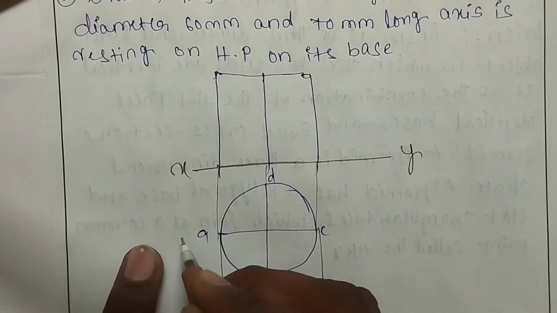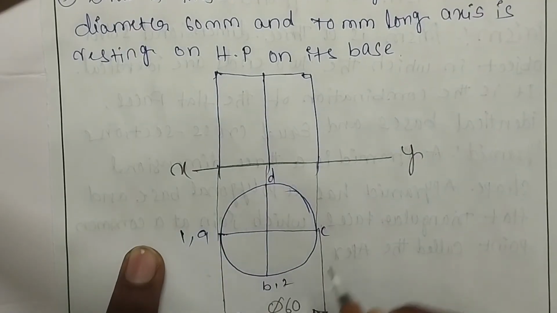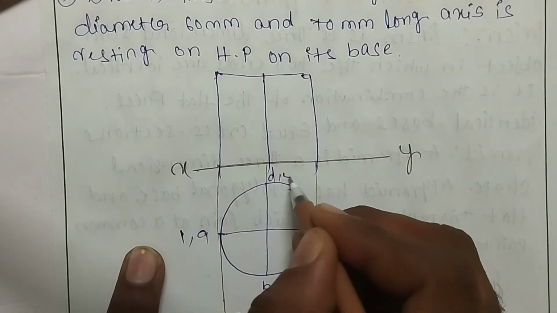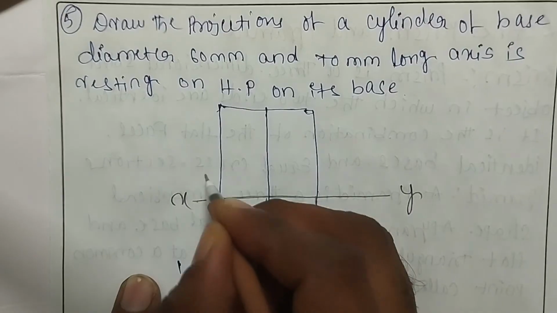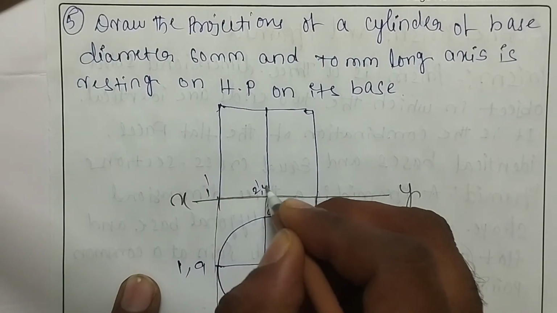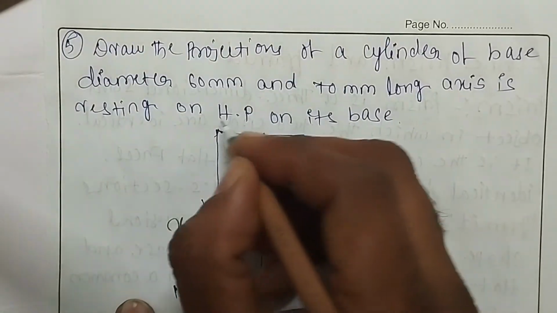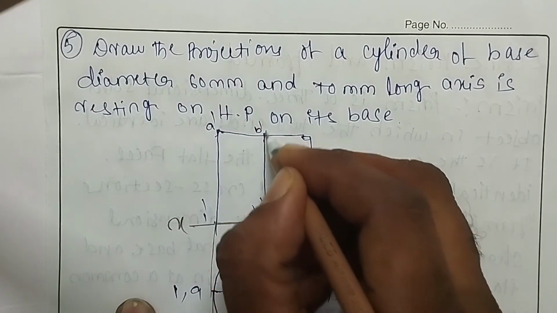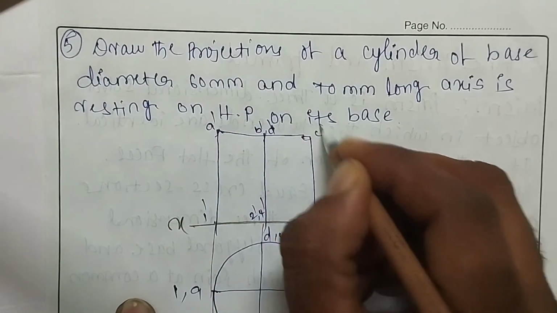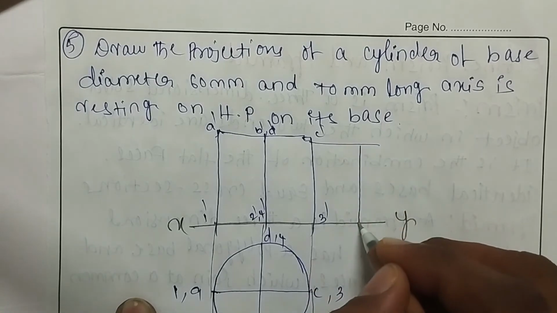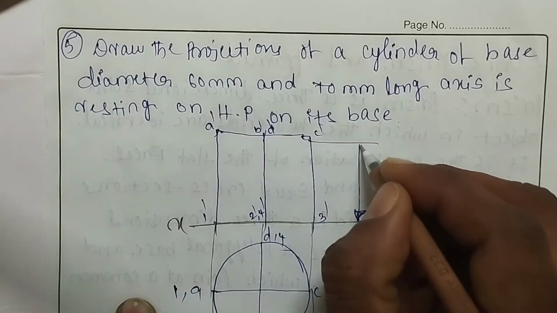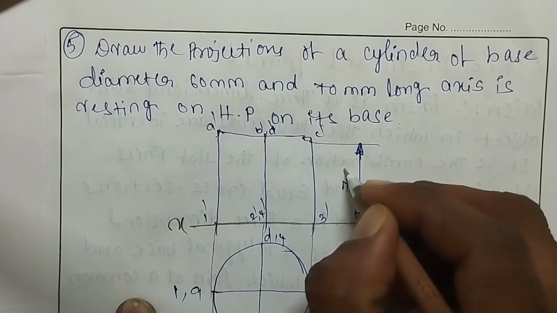Next, the cylinder, and here 1, 2, 3 and 4. Next it is 1 dash, 2 dash, 4 dash and 3 dash, A dash, B dash, D dash and C dash, and the height of this axis is 70.